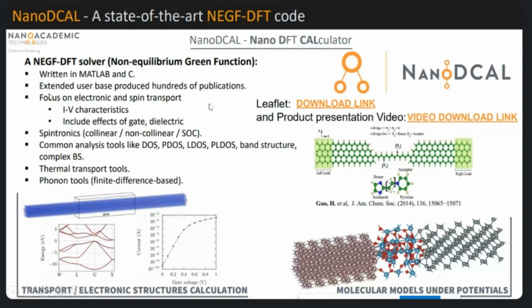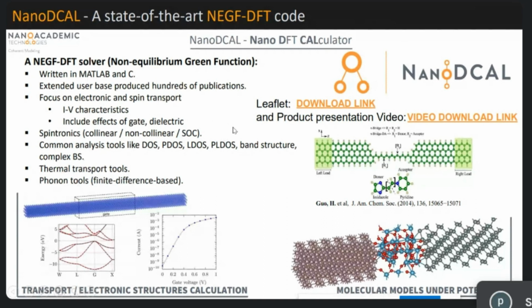So transistor FET devices, two-terminal devices, even material spintronics, collinear, non-collinear, spin-orbit couplings, all analysis can be performed, like density of states, projected density of states, local density of states, projected local density of states, band structure, complex band structure, thermal transport, phonon calculation. So phonon spectrum, phonon-related properties, thermoelectric property calculations, everything can be done using this NanoDcal tool.